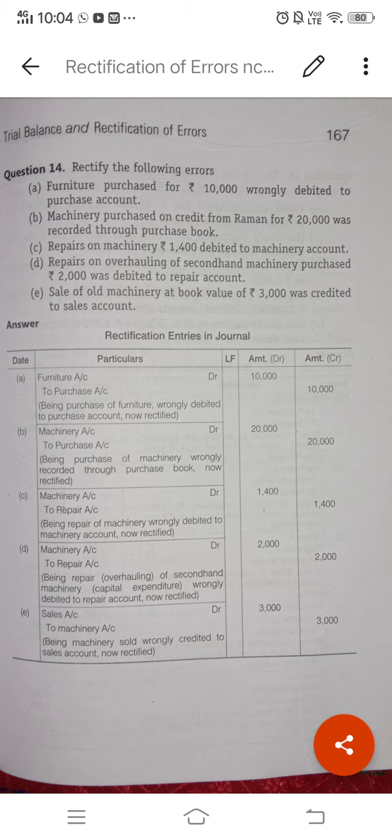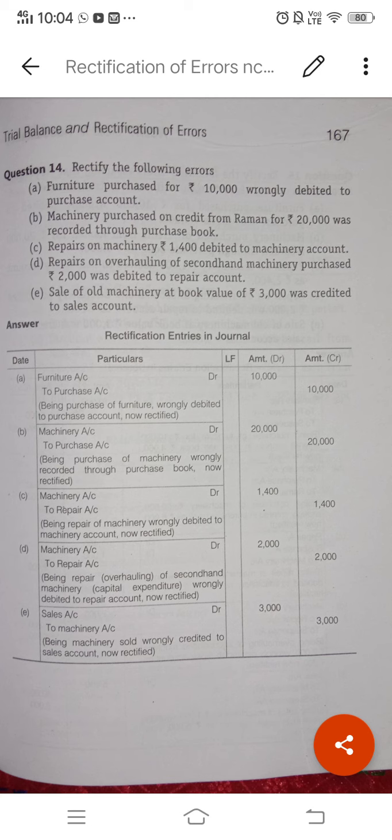Okay, when they are purchasing the second hand machinery, certain expenses are incurred at the time of purchase. That is, some repairs have to be taken over while purchasing the second hand machinery. That is 2000, the repair which occurs at the time of purchasing the second hand machinery. So that is the third transaction, and the fourth transaction is somewhat different.